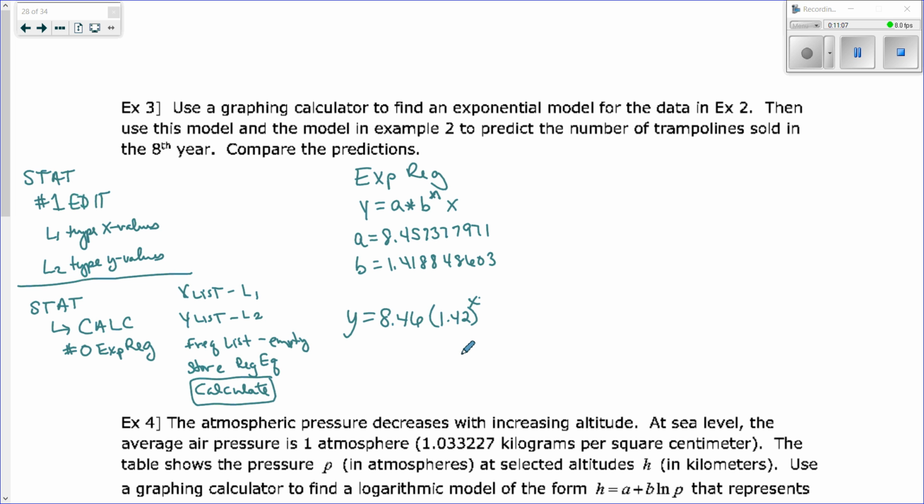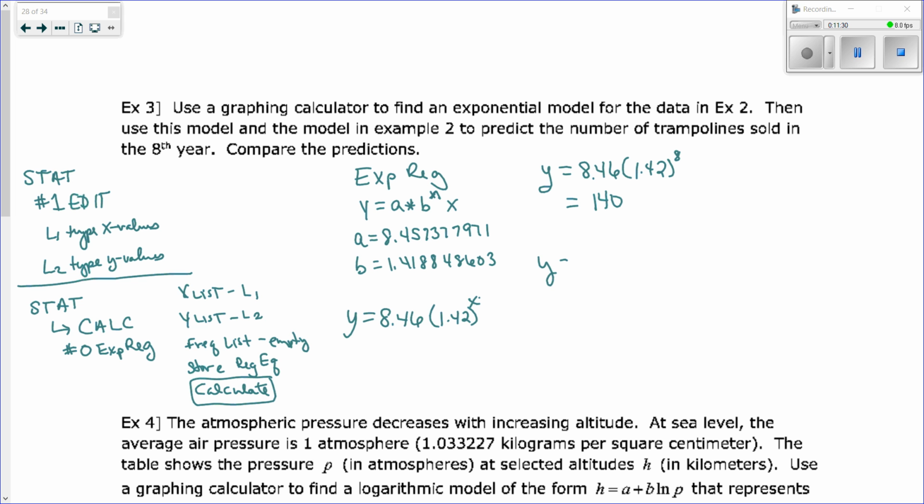So we're just going to substitute 8 in for x. So if I have y equals 8.46 times 1.42 to the 8th, and I do that on my calculator, I get approximately 140.